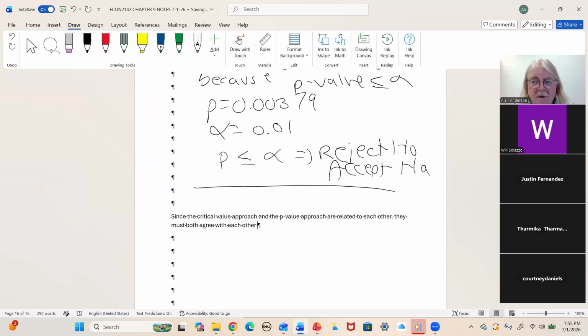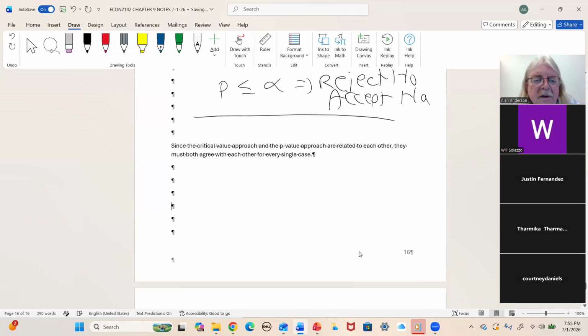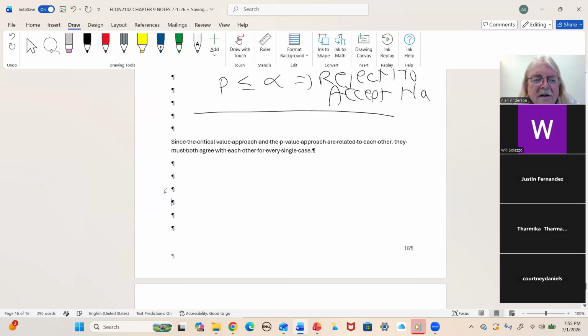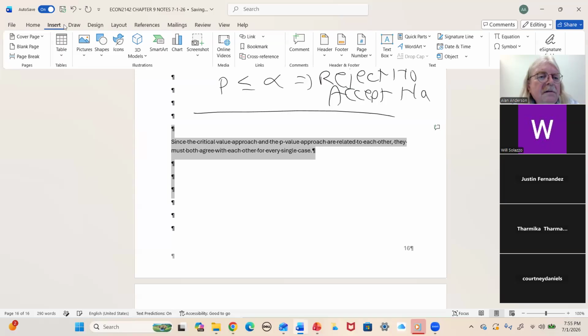And that doesn't mean just most of the time, but for every single case. So again, it's just up to us to decide which one to do.